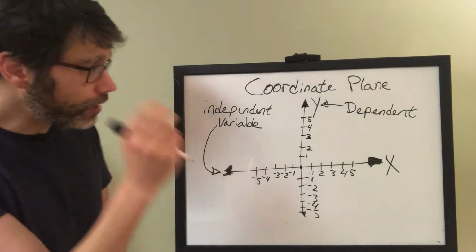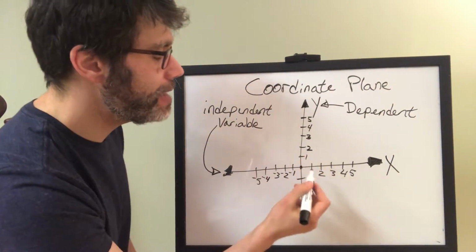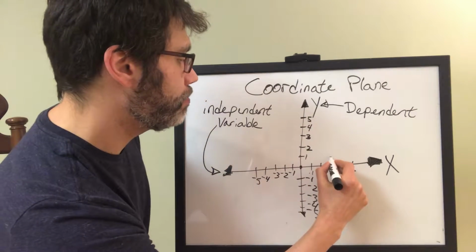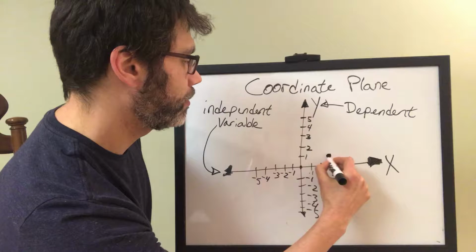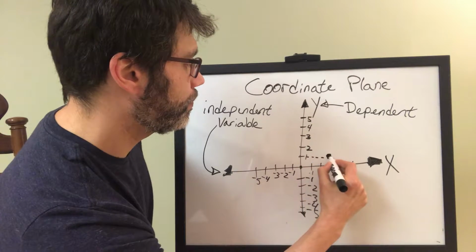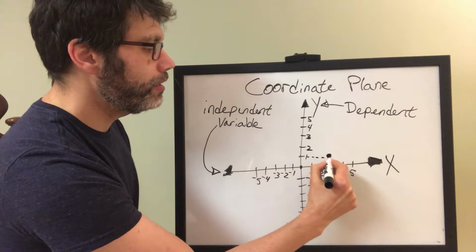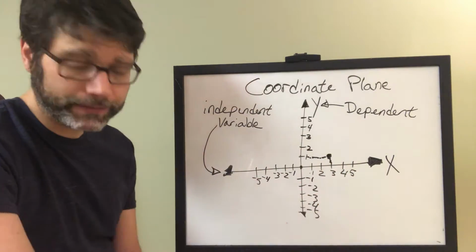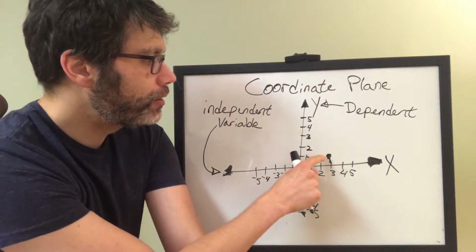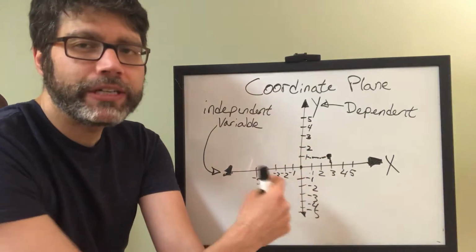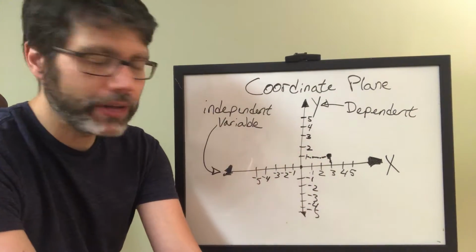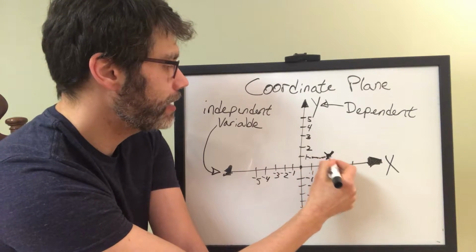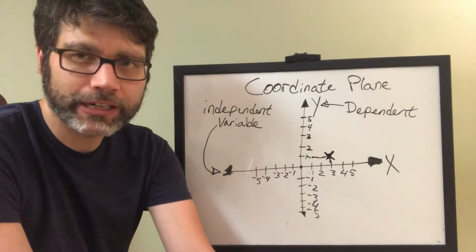And if we want to be able to plot a point, let's say we put a point right here, okay? So, in order to have two different people be able to read the same map, we need to read it in the same way, okay? I'm going to put an X here because X marks the spot. So think of this as like a treasure map.